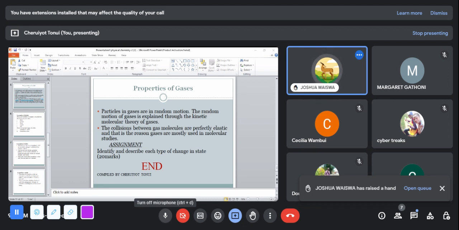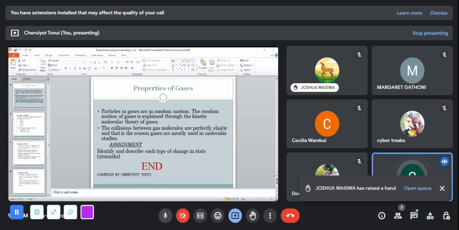From our lesson today, I've understood the classes of matter, which are solid, liquid, and gas. And I've also discovered that there are two classes of solids, which are amorphous solid and crystalline solid. Okay, thank you, Joshua.